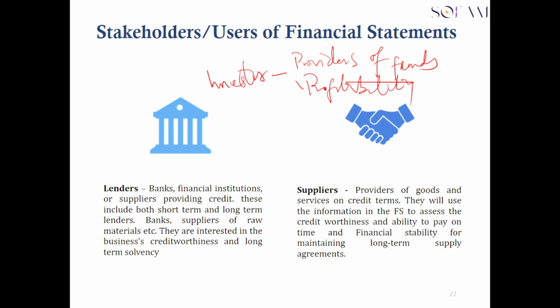And by so doing, the investor or the shareholder is going to receive a lesser return. So there are conflicts between the interests of these stakeholders, and management have to find a way of resolving this conflict.